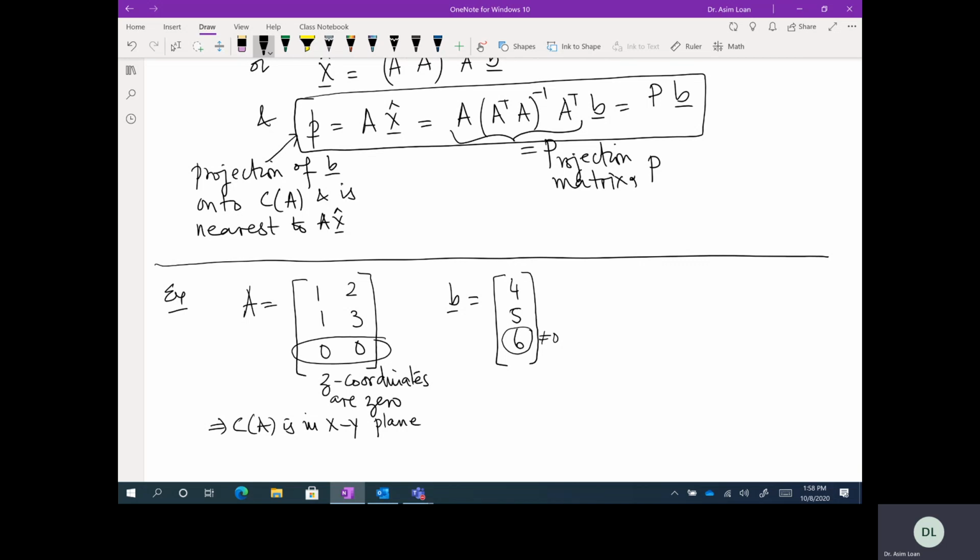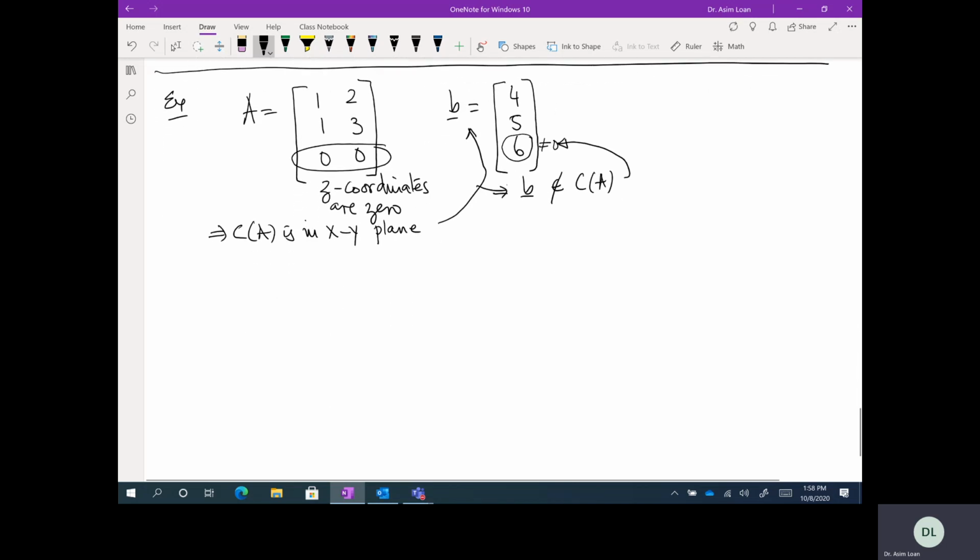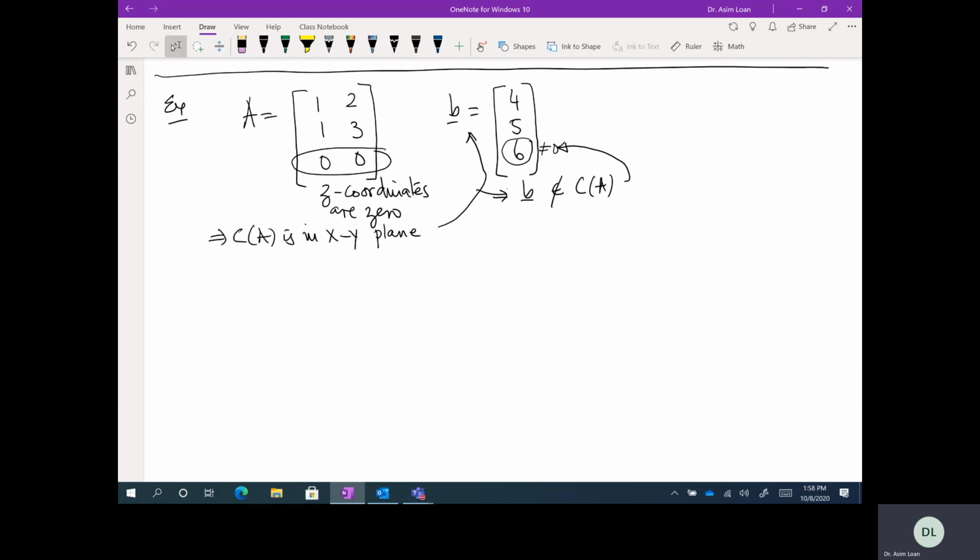Since the column space is in the xy plane, this means B does not belong to the column space of A. Why? Because of this number. B is somewhere in 3D space above the xy plane.